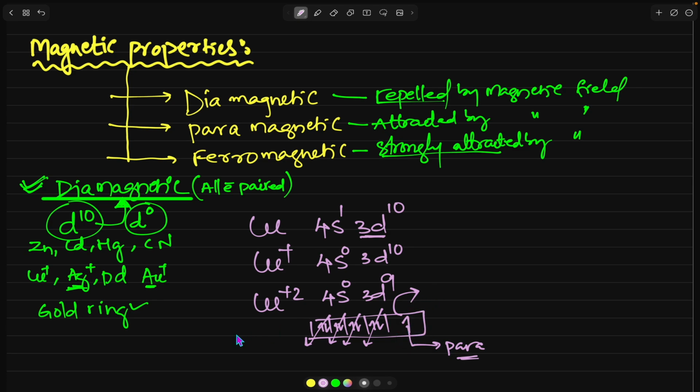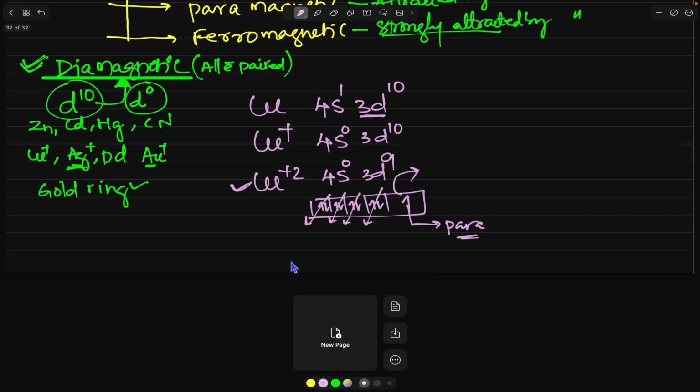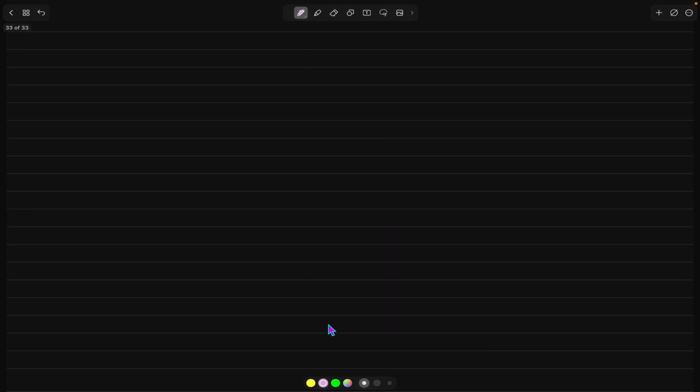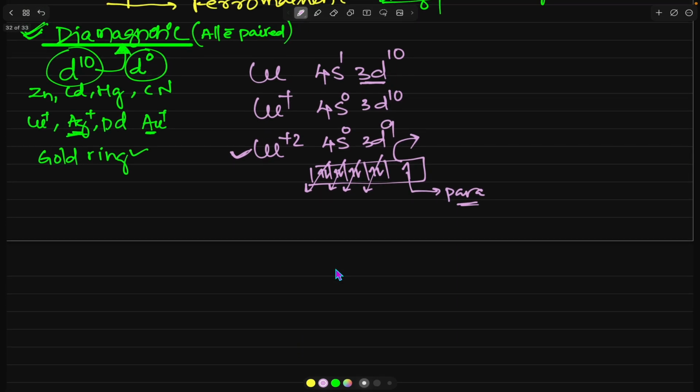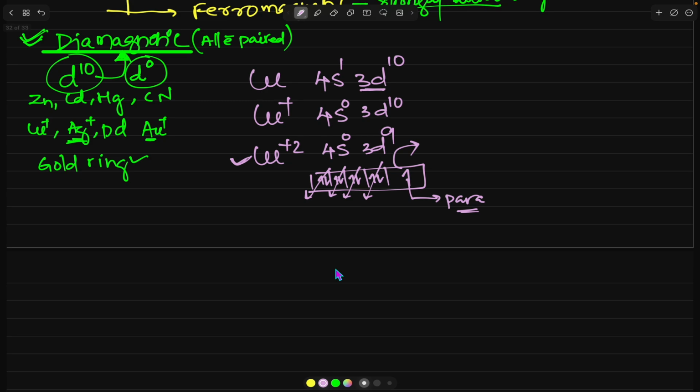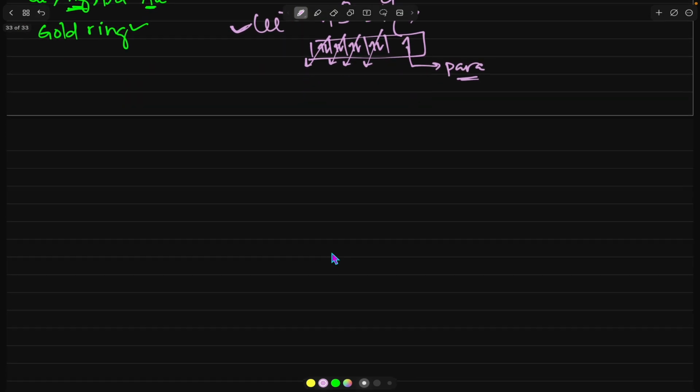So copper plus 2 behaves like a paramagnetic substance, right? So you will be given a compound or ion and asked which one is paramagnetic or diamagnetic.